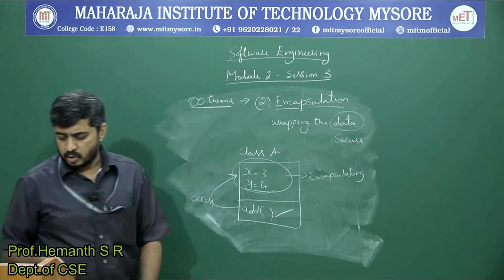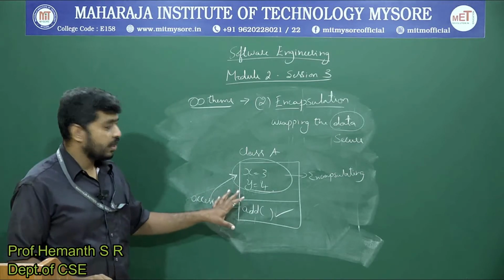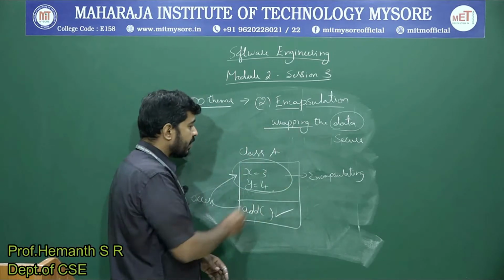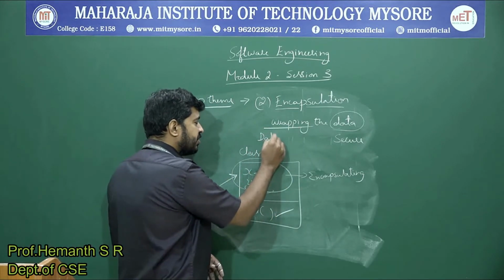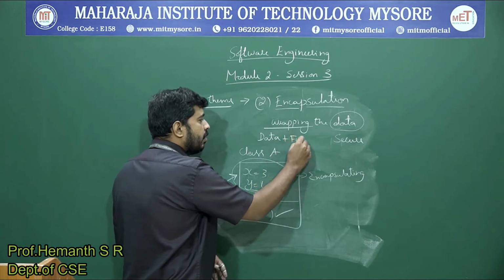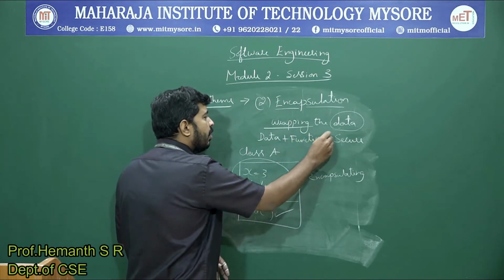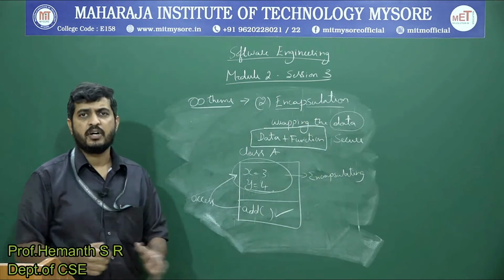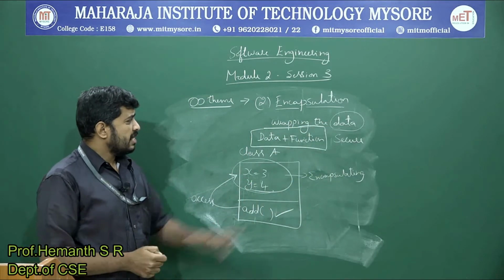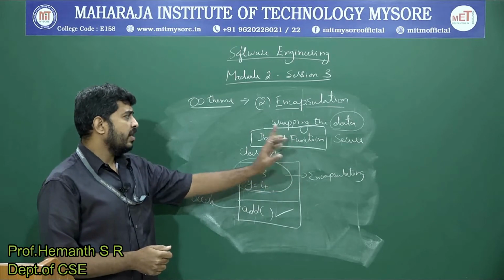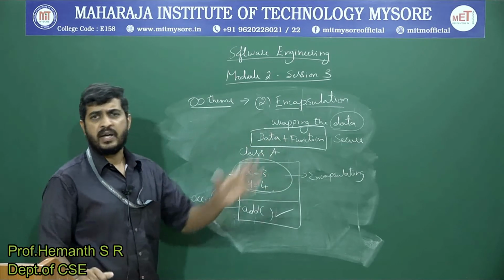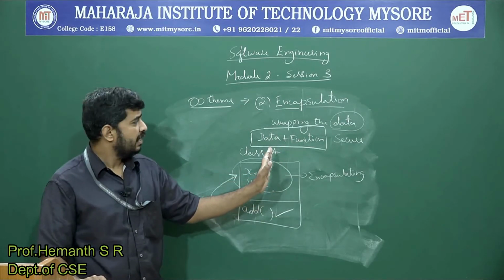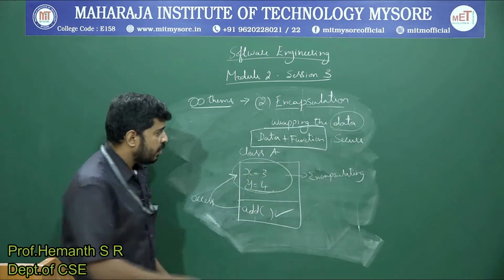Encapsulation ensures wrapping takes place in such a way that data with function is wrapped in a secure way. The function can access the data only within this specified secure area. Process it, manipulate it, then return the results back to the calling point.